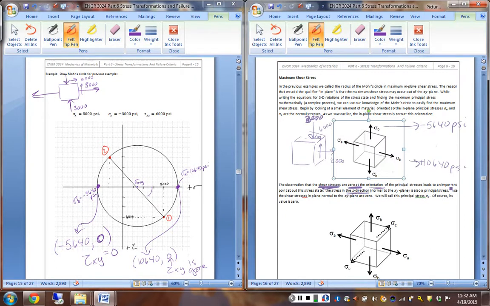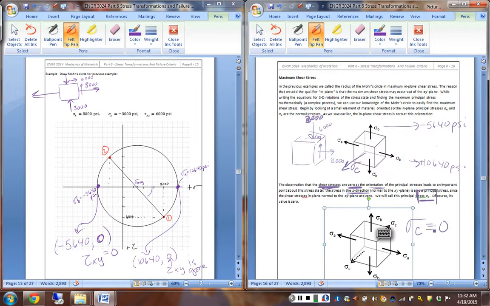If we find the right orientation so that the shear stress is 0, there is our third, sigma C. If you recall back from the very first day of this, we had our multicolored porcupine of the stress state, and there is a sigma C. When we deal with arbitrary stress states that have the simplified version, the plane stress case, where we only have a sigma x, a sigma y, and a tau xy, that means that our sigma C is 0 for any case that is a plane stress case.